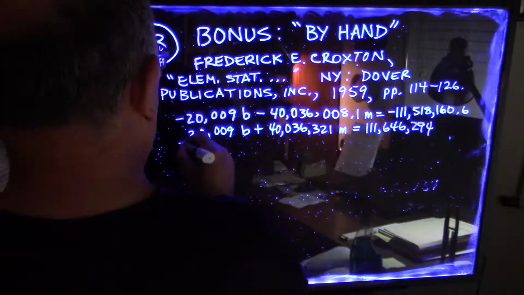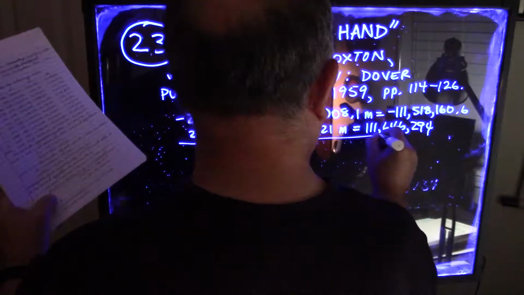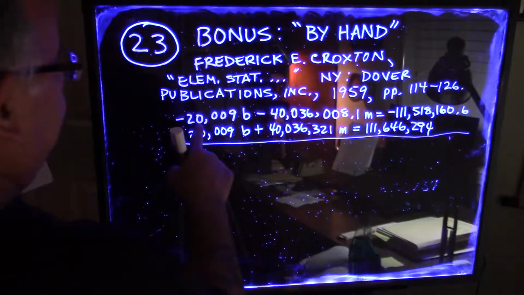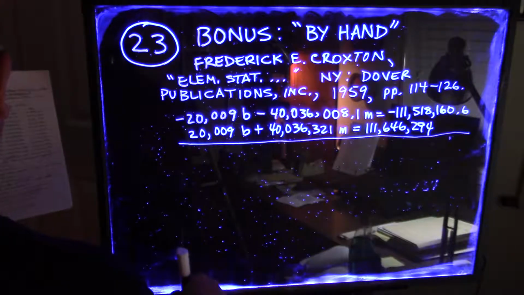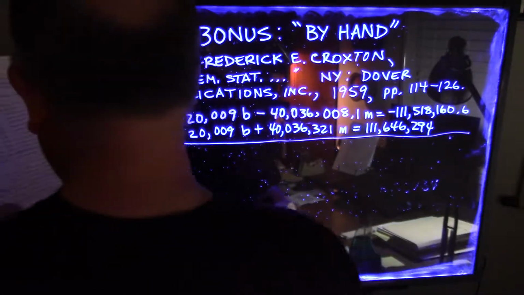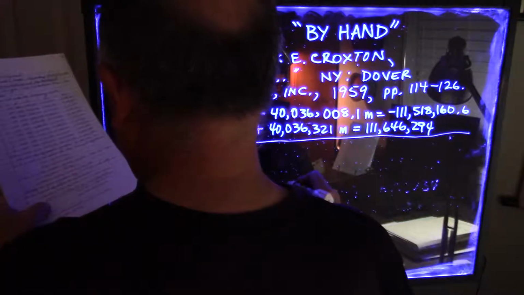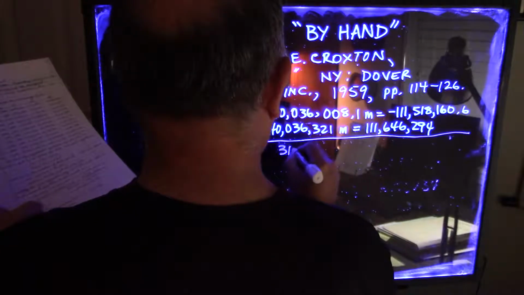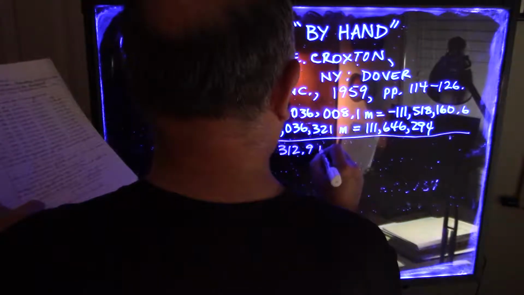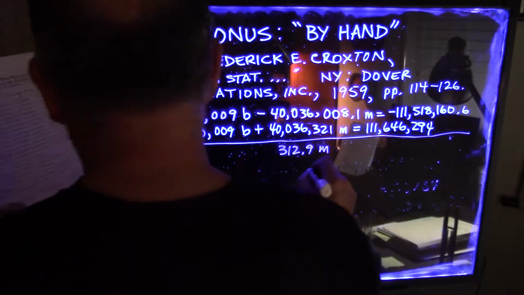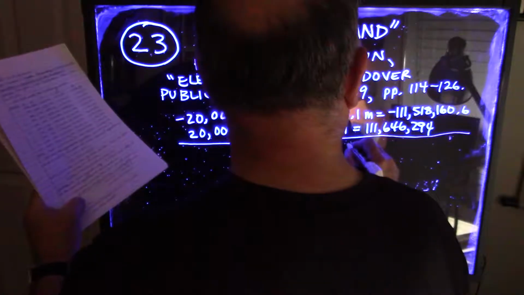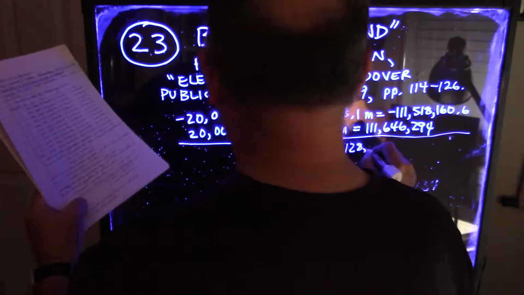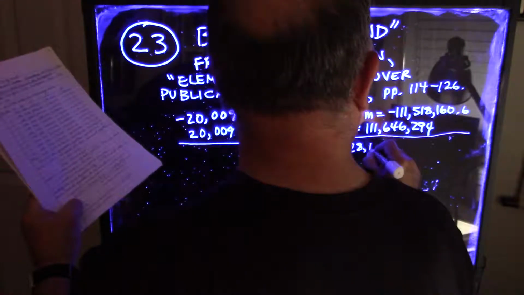We add those two equations. So what happens is, when you add these two, the b's are gone. So you add those two, you get 312.9m equals 128,133.4.